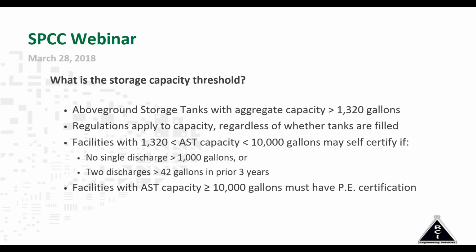It's considered a 2,000-gallon capacity, and that's really what we're looking at. So if your facility has over 1,320 gallons of combined oil storage capacity, then you fall under the SPCC rule. Now there are some caveats to that.